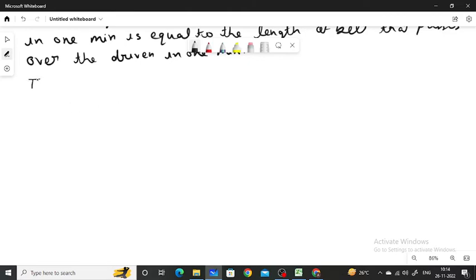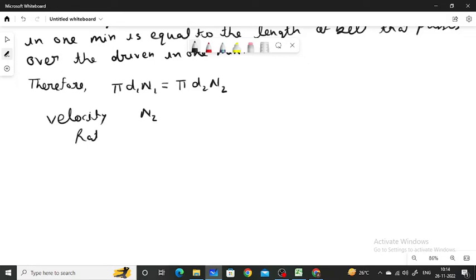Therefore, pi d1 n1 should be equal to the pi d2 n2. Here velocity ratio n2 by n1 will be equal to the d1 by d2.